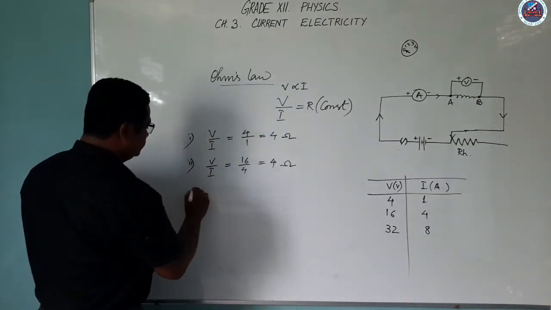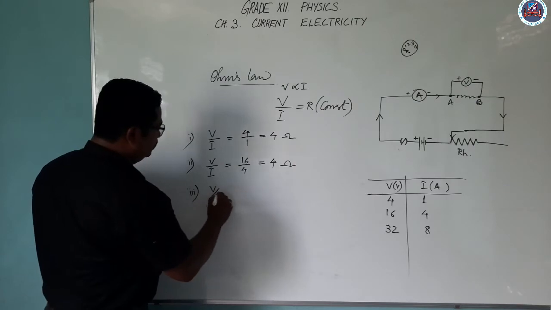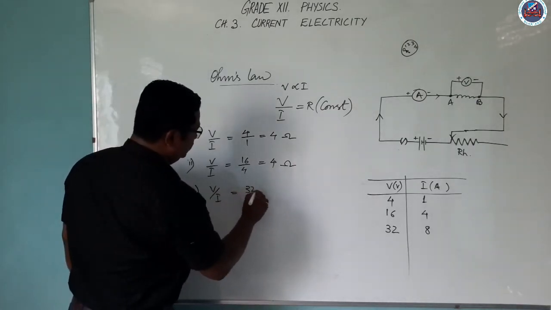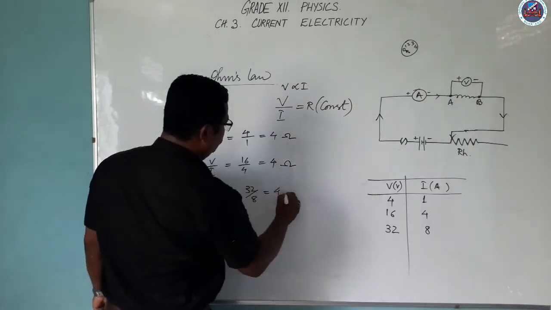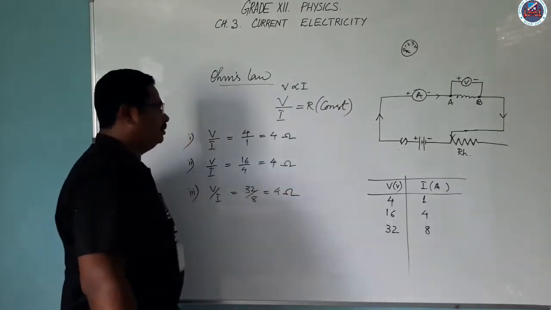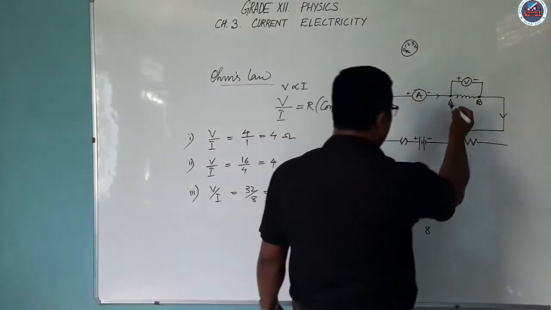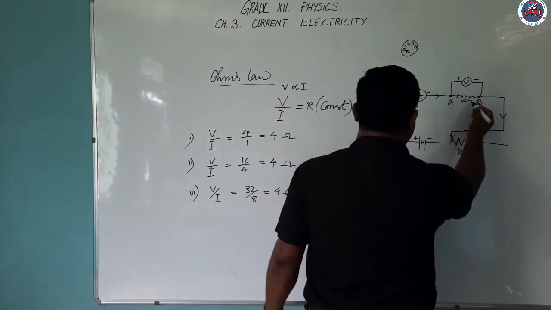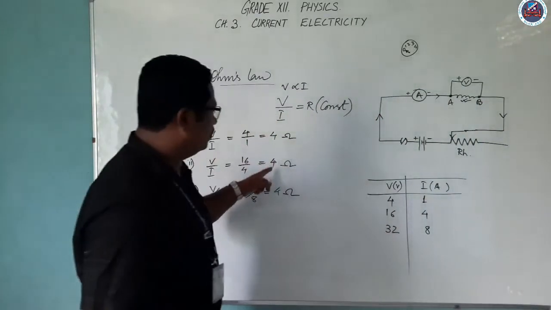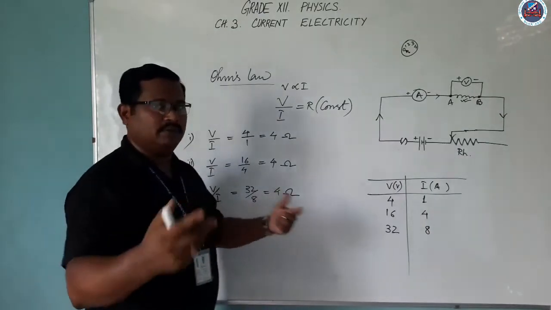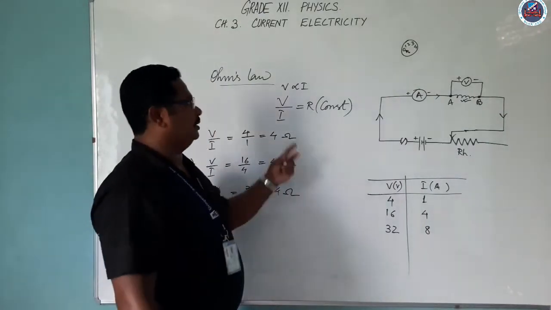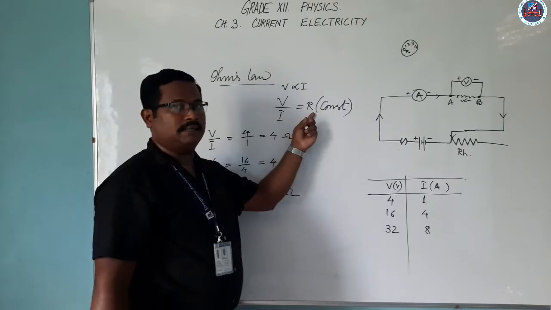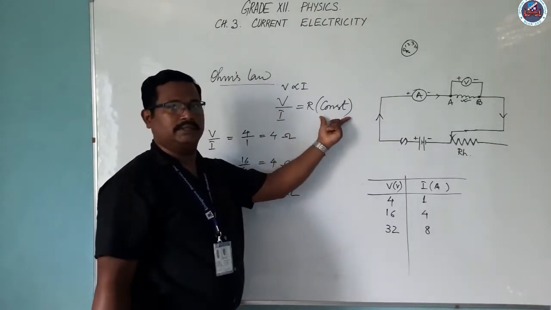The third case also, 32 by 8, it will be 4 ohm. So we can say that this wire which I have fixed here at A and B has a resistance of 4 ohm. Whatever may be the value of current and potential difference, the ratio will always remain the same. That is the meaning of the constant term.